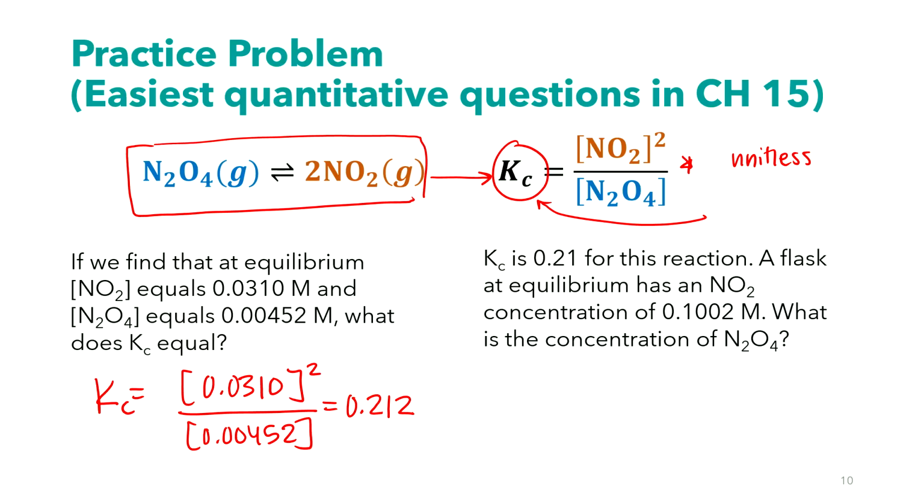So the reason behind this is that we're actually taking the activities, and you really just need to believe me that we don't report units, but I'm telling you the why. So we're taking the activities, and an activity means that we're dividing the concentration by 1 molar.